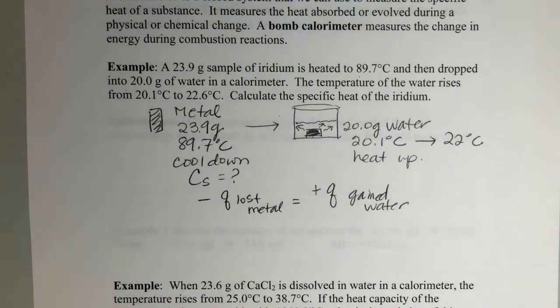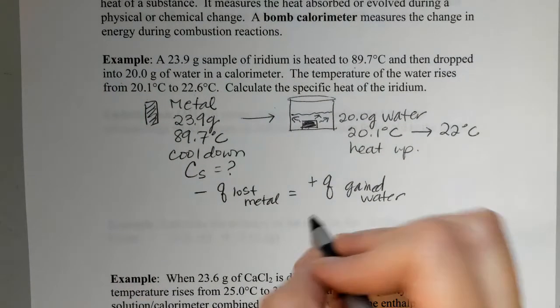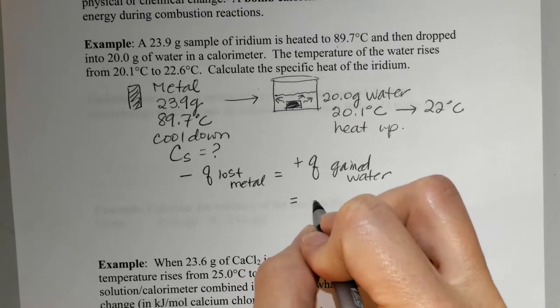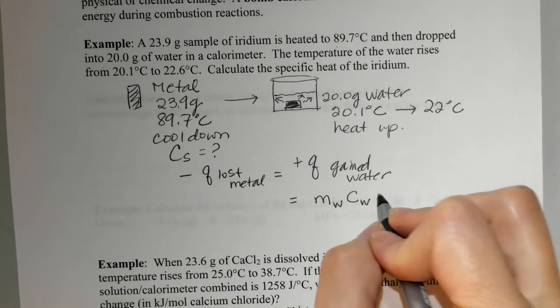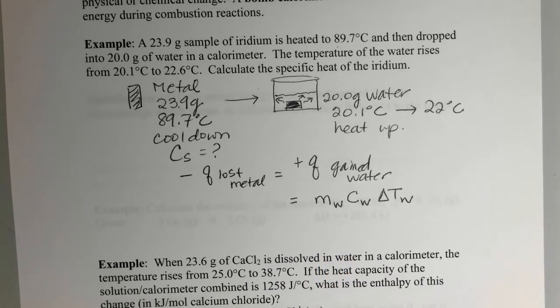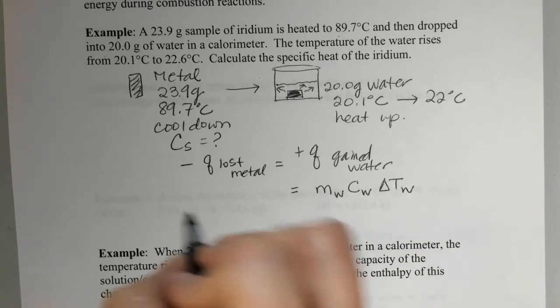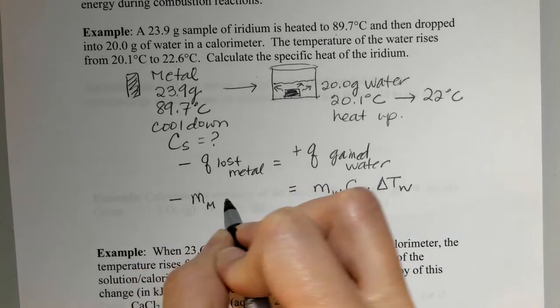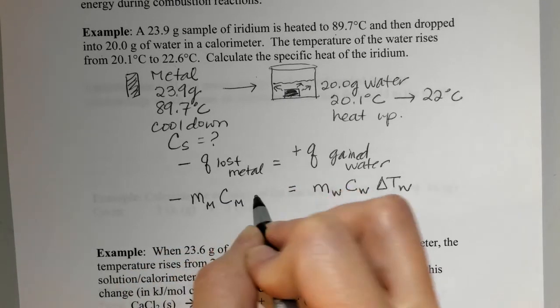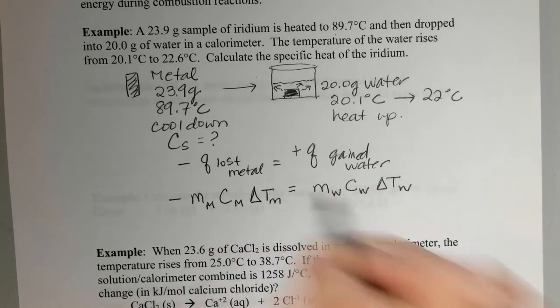That makes sense. So if I use my MCAT formula, the mass of the water times the heat capacity for the water times the change in temperature for the water would be equal to the negative of the mass of the metal times the heat capacity for the metal times the change in temperature for the metal.